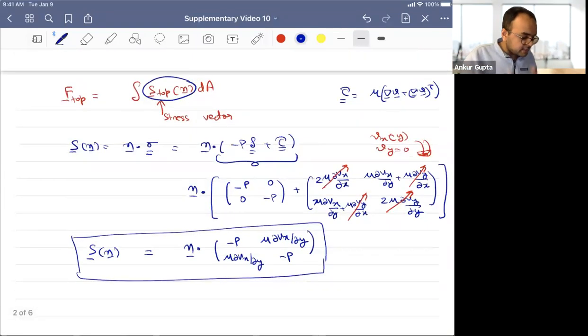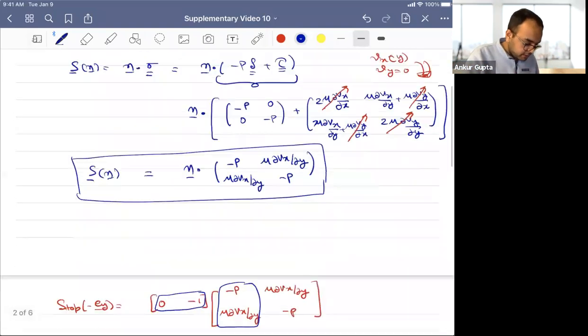Okay. So then I start with F top. To calculate the surface force on the top, you take the normal into the fluid, which is minus EY. But before that, to calculate the stress vector, we said this is the way our matrices look for pressure and for shear stress. In shear stress, the only components are the off diagonal components, which are mu del Vx by del Y. We added them and got the stress vector.